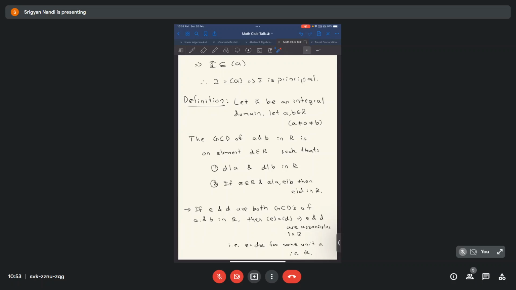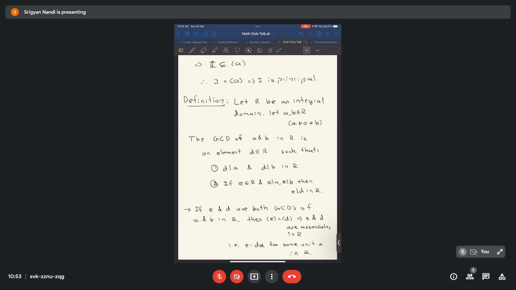Now here we have a further caveat to face. In an arbitrary integral domain, there may be more than one GCD of two elements. We don't have to worry much about that because it is easy to show that if E and D are two GCDs of A and B in R, then the ideal generated by E is the same as the ideal generated by D, which will imply that E and D are associates in R, that is, E is equal to D times some unit in R. So they are not too different.